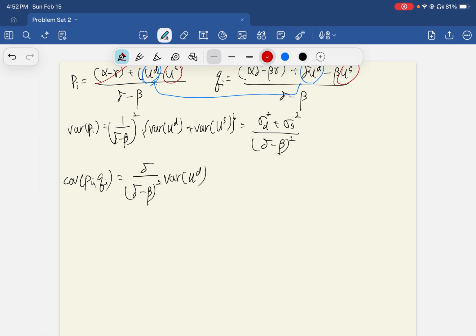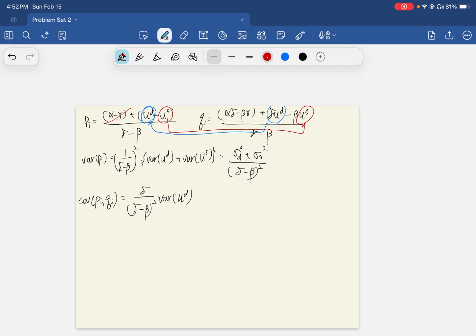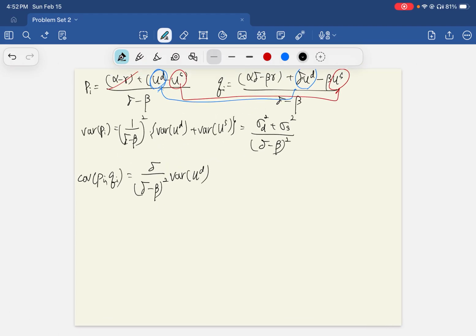And the covariance between the U_S terms is, with delta minus beta squared in the denominator, and on top we have minus beta times the variance of U_S. So the total is delta sigma_d squared plus beta sigma_s squared over delta minus beta squared.